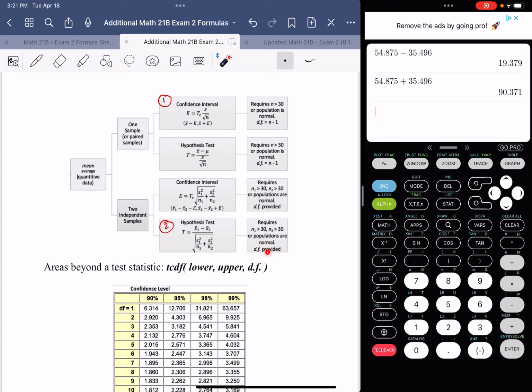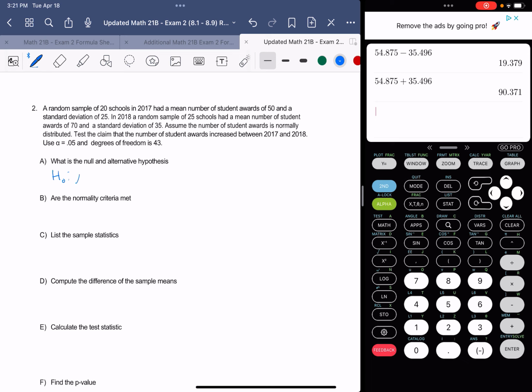Whenever we are working with 2 independent samples, the null automatically is mu1 equals mu2. Always. 2 independent samples automatically start off with mu1 equals mu2. That's our baseline, saying that the mean of the awards given in 2017 and 2018 are equal.